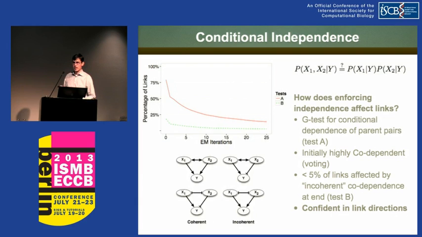That's really ambiguous. That doesn't make sense, and it seems like one of those directions might be wrong. So we filtered by this coherence test and found that less than 5% of our links are affected by this incoherent codependence. That gives us further confidence in our link directions.